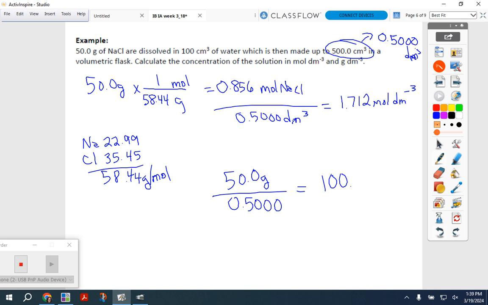How can I show that we actually have 100 with all 3 significant digits? You don't actually need to do this for a question like this, but this would be grams dm to negative 3. Because if I just write 100, you don't know how many significant digits that is.